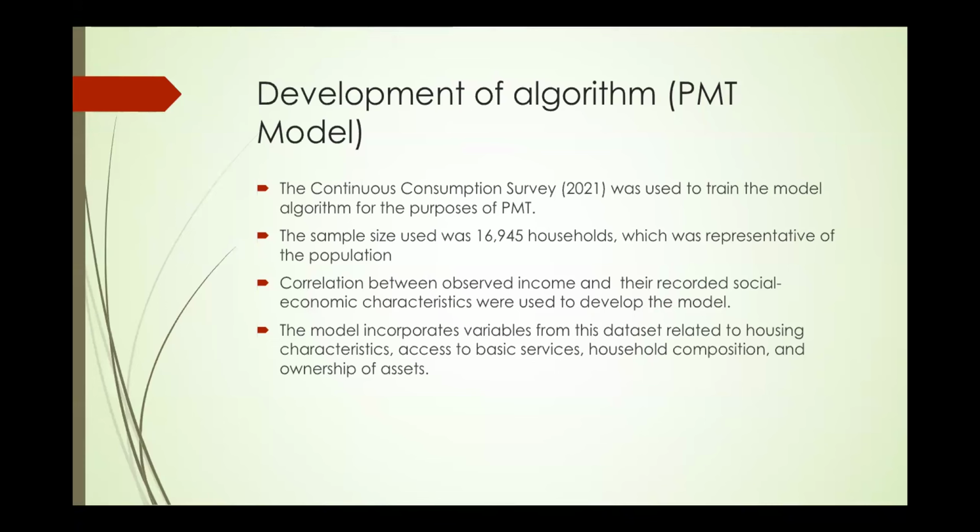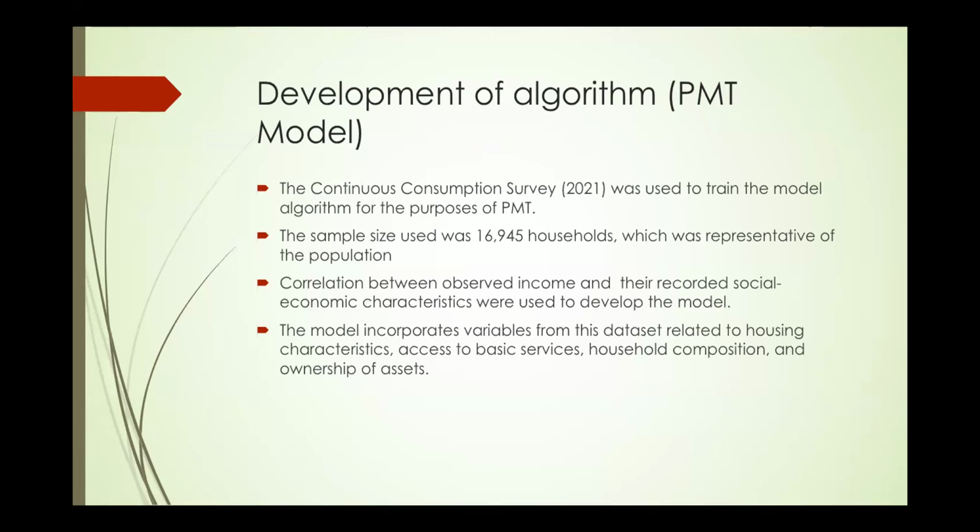So if we get this data and analyze it against the socioeconomic characteristics of that household. And what I mean by socioeconomic characteristics, these are variables. I'll give an example. We usually have 4 kinds of variables: household housing characteristics, access to basic services, asset ownership, and household composition.